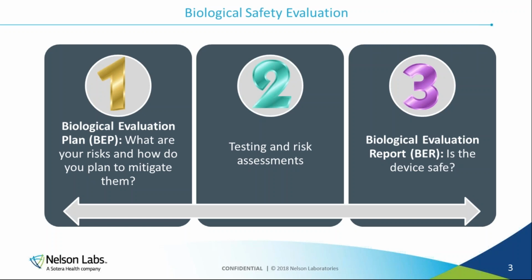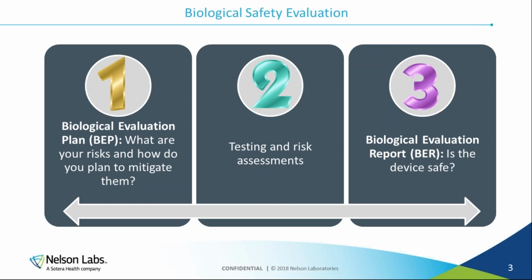This really serves as your initial risk assessment. If you are familiar with ISO 10993 standards, you already know that Part 1 discusses evaluating your medical device from a risk-based approach.